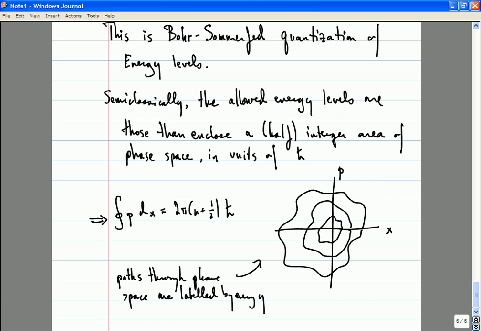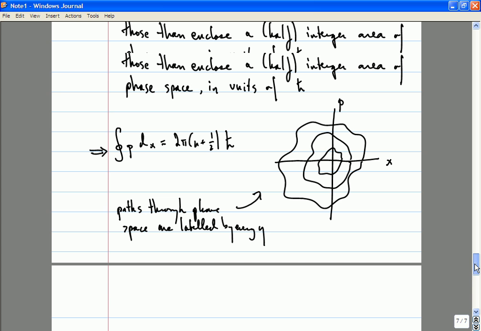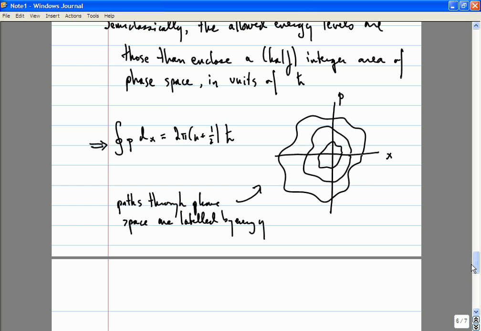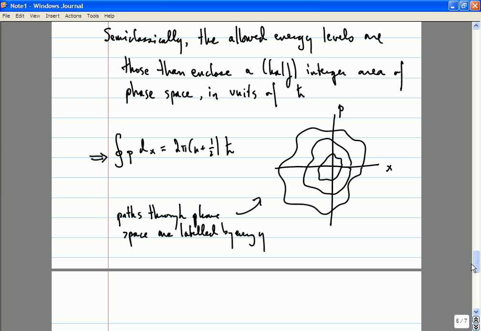And so this leads us to a very interesting way of thinking about quantum mechanics, namely that in quantum mechanics, we have one state per Planck area in phase space.